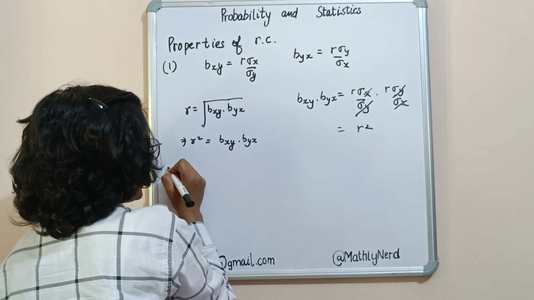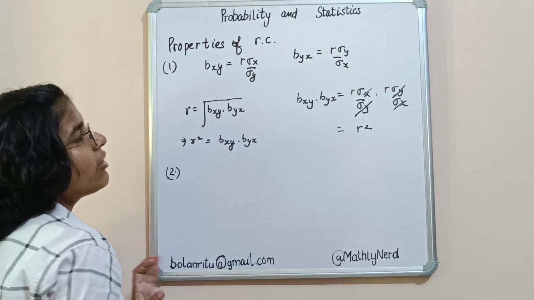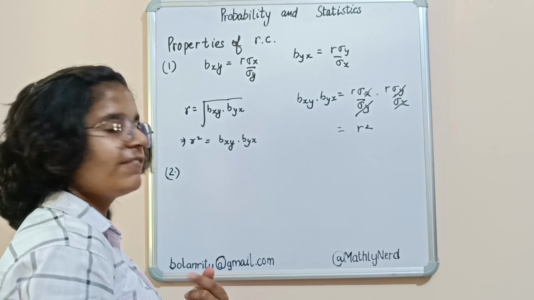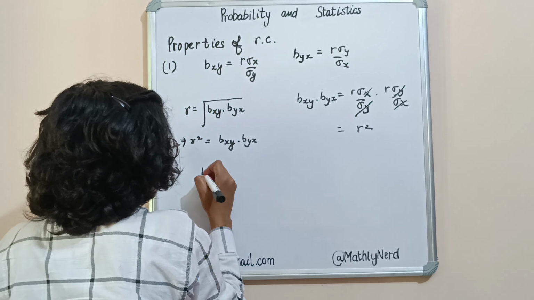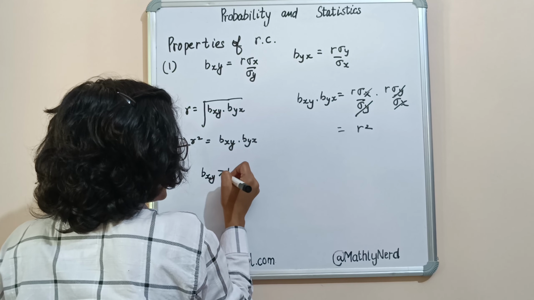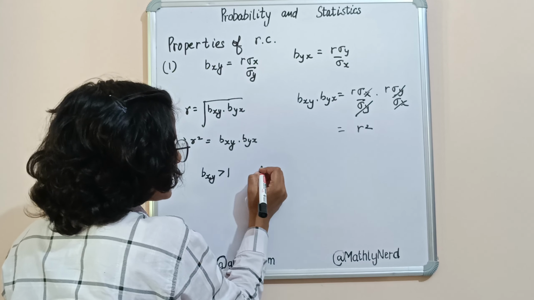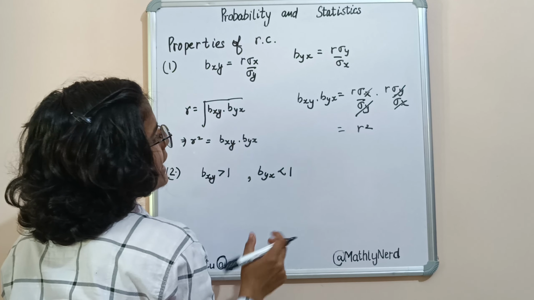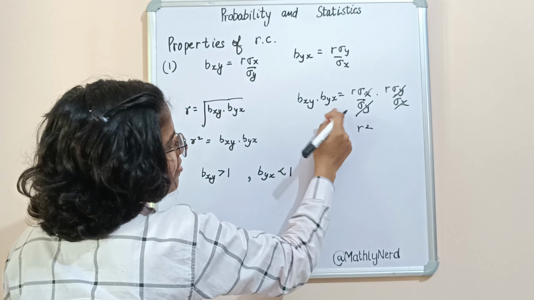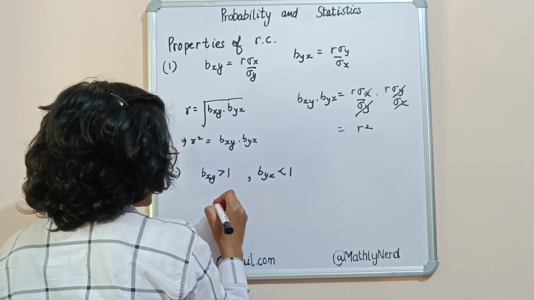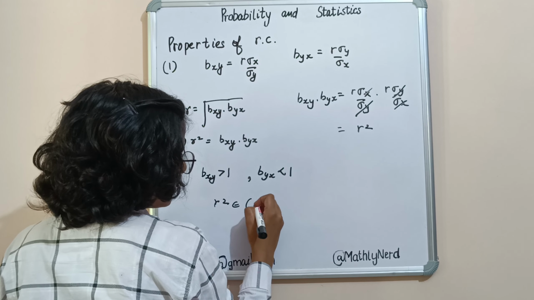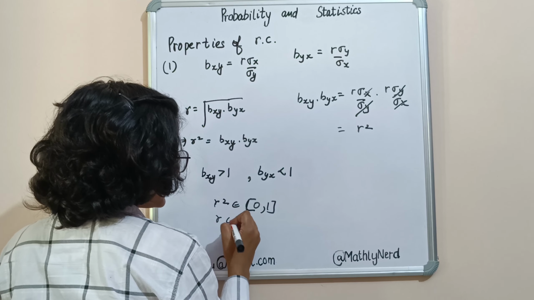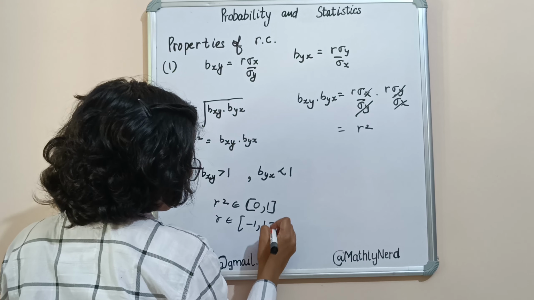Our second property is that if one of the regression coefficients is greater than 1, then the other should be less than 1. Let's say if bxy is greater than 1, then it is necessary for byx to be less than 1. As we know, bxy times byx equals r square, and r square lies between 0 and 1, because r lies between -1 and 1.